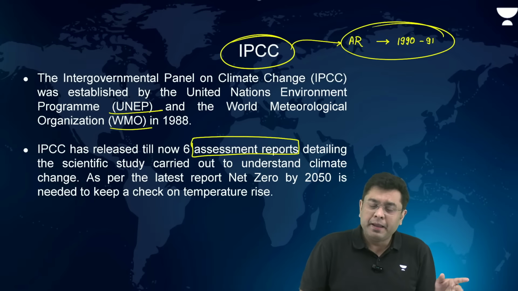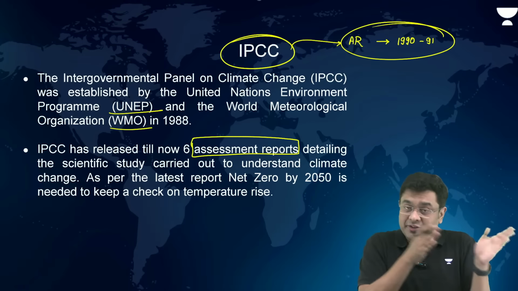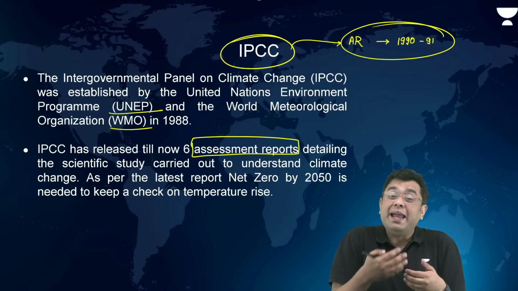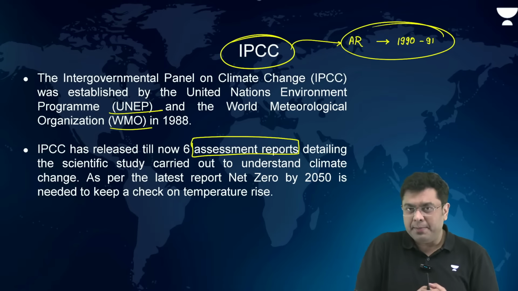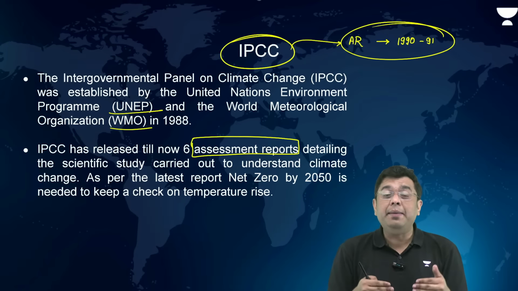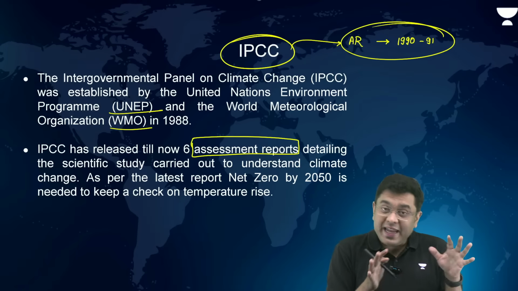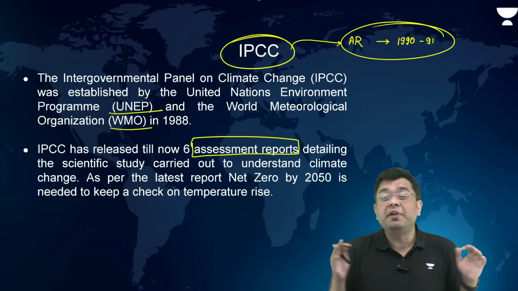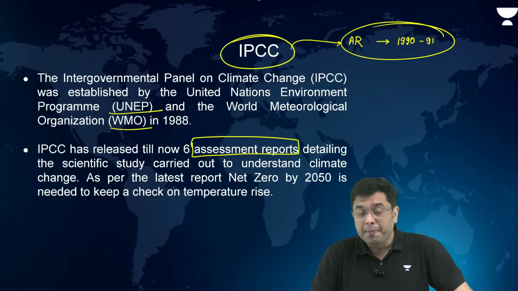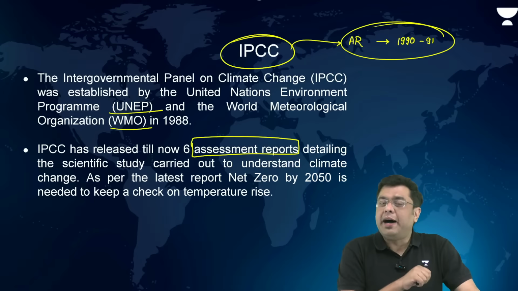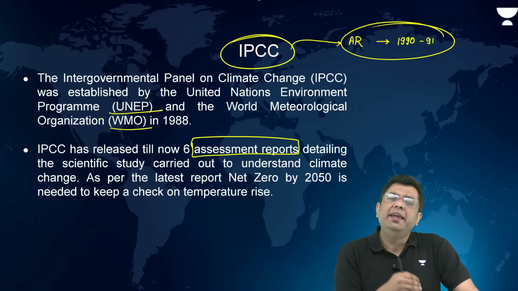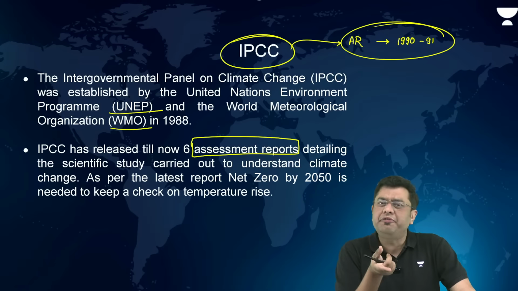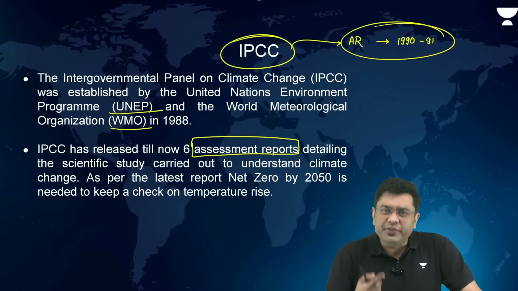The second report is about what are the areas which are going to be impacted by this, and what can be the mitigating measures taken by these countries in order to prevent this level of warming. And the third part of the assessment report is a dumbed down version of this entire thing, a very brief compendium for the policymakers.